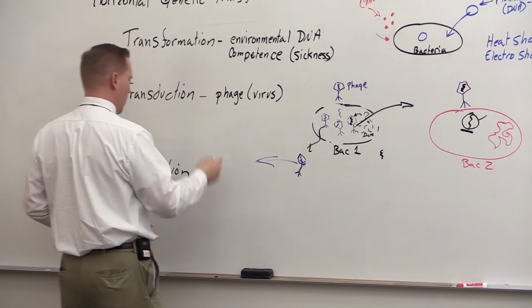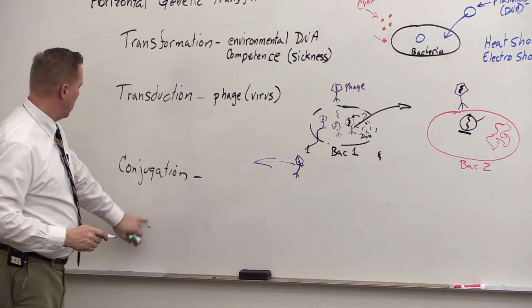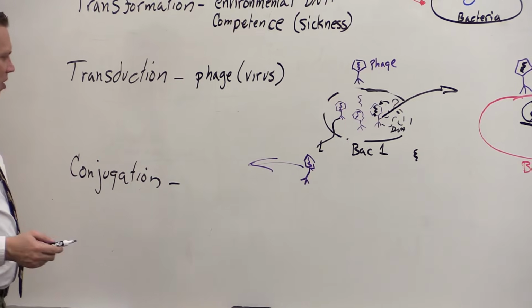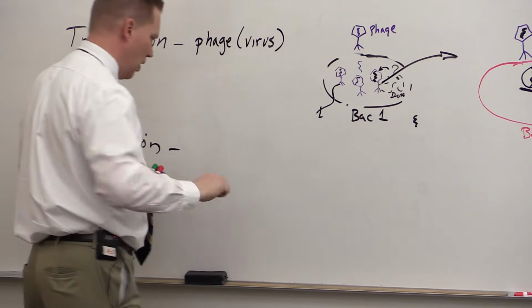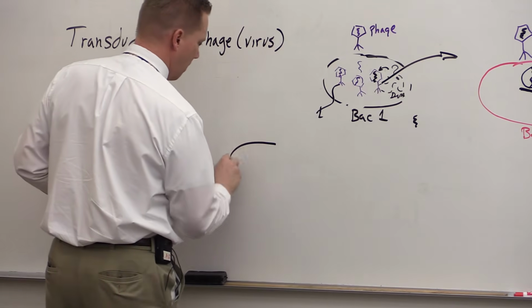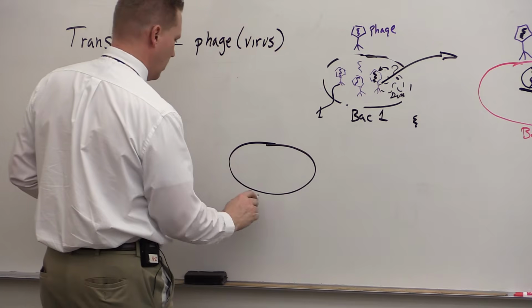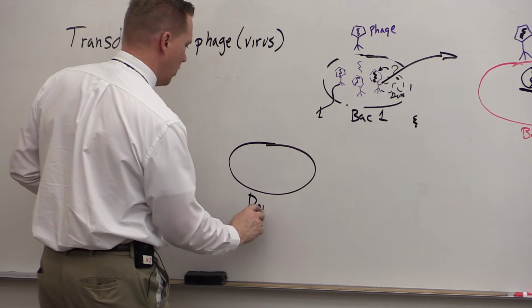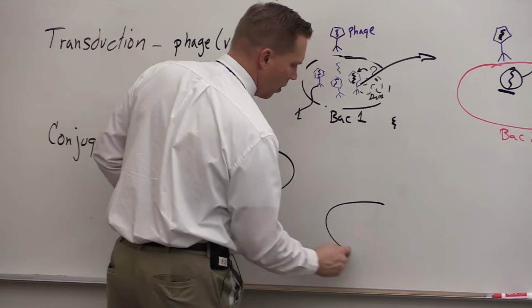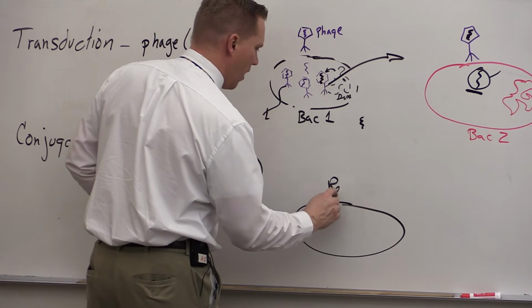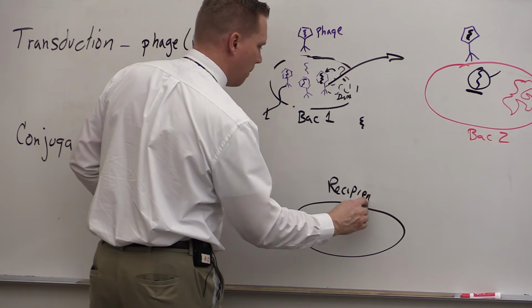So, our last method of horizontal transfer is conjugation. And in conjugation, again, we have two cells. So this time we're going to have some kind of donor cell, and we're going to have a recipient cell.